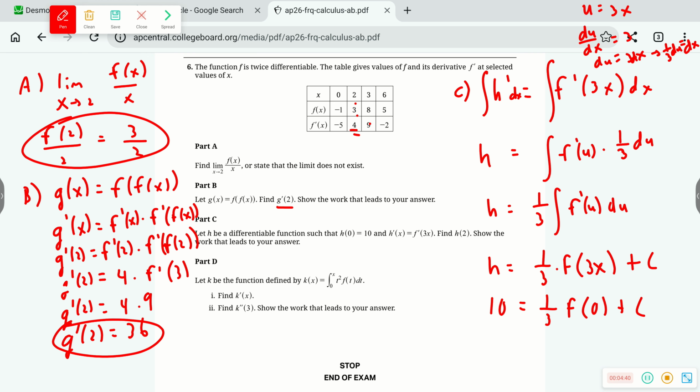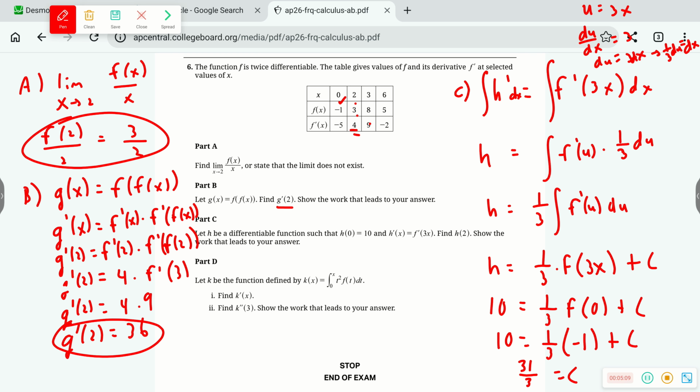The problem is we don't know f of 0. Oh, f of 0, that's up here. Gotcha. So f of 0 is right there. I had a moment there. I forgot I had the table. f of 0 is -1. Just look up at the table, right? Right there. So that means c is 10 plus 1/3. So wouldn't that be 31/3?